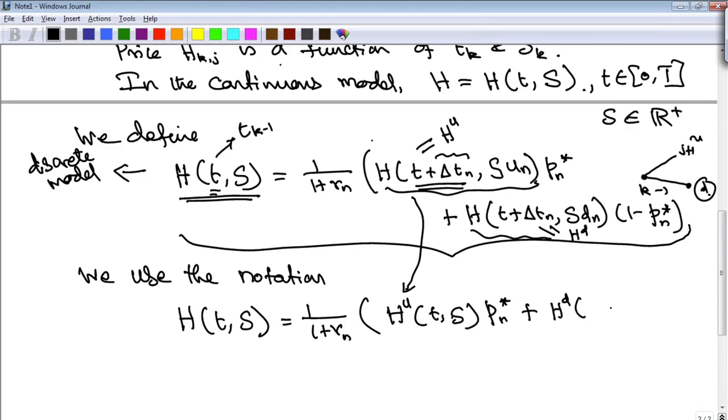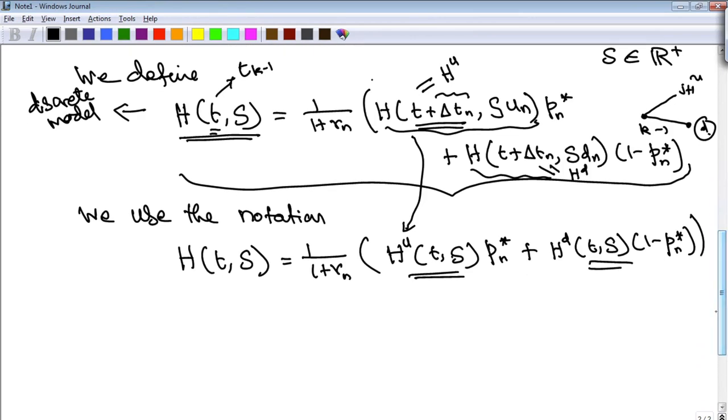This is just a notational convenience. So I just wrote the discrete binomial model for any t in [0, T] using these notations. Okay, that's all I did so far.